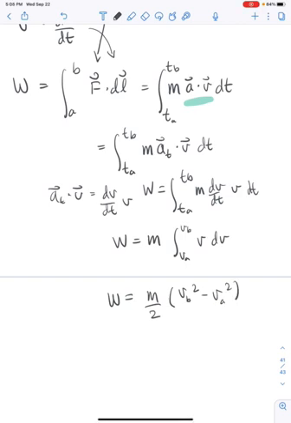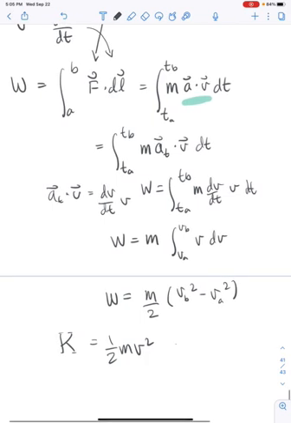So now, if we define our kinetic energy as 1/2 mv squared, then this last equation is K_B minus K_A, or the change in kinetic energy. Okay, and this is getting kind of long, so I'm gonna make the potential energy one as a separate video.